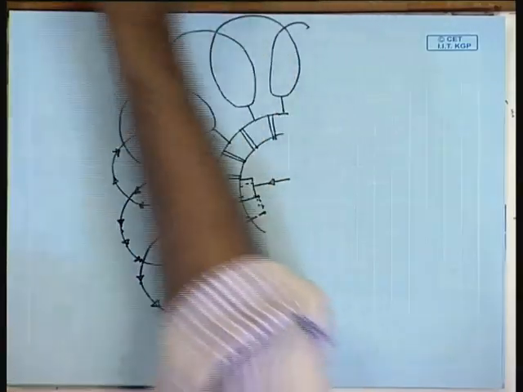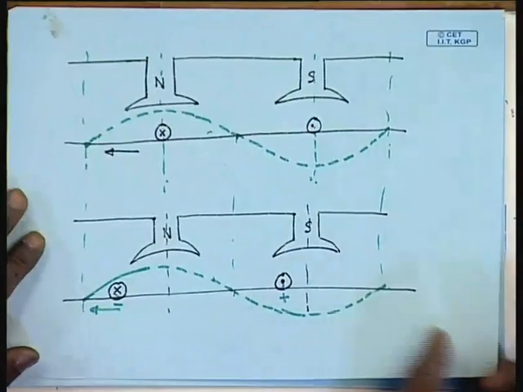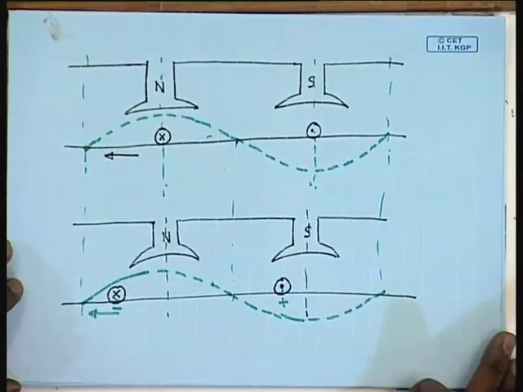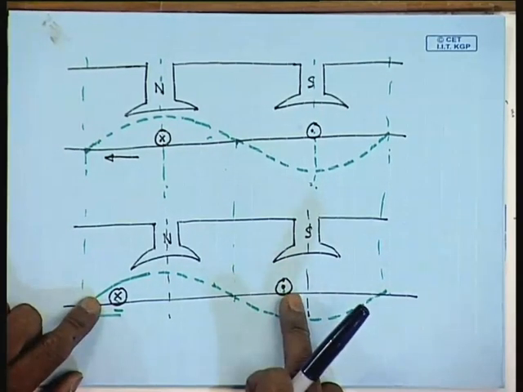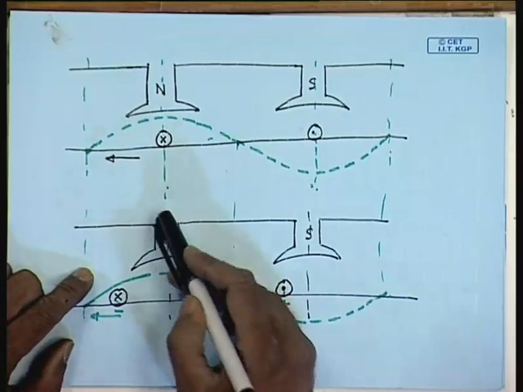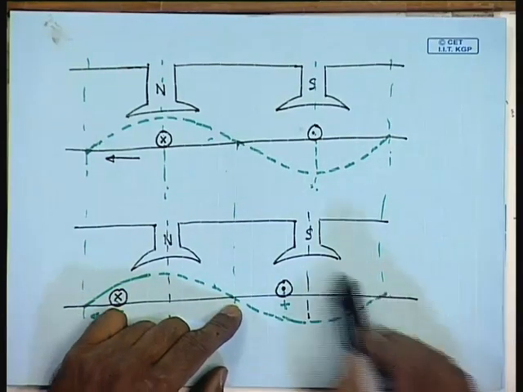Now, it will also be shown later that in order for the induced voltage in a coil to be 0, the flux linkage of that coil should be maximum. That is, the coil axis should be coinciding with the axis of the north pole or the south pole of the stator.